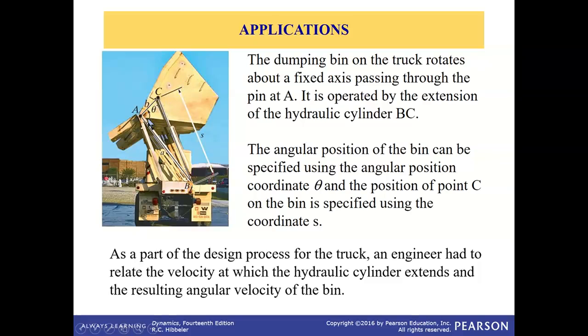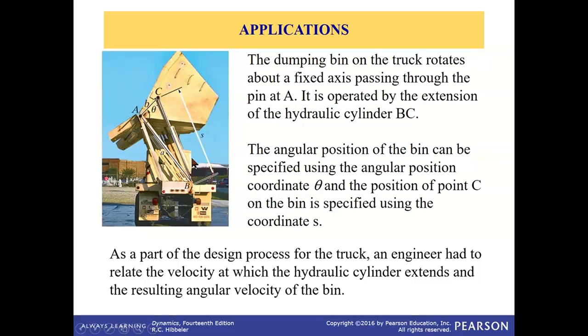Now with reference to point A and this link AB, we define the angular position of the bin using angle theta. The next step is we need to write down an equation which can relate position variable S in terms of the angular motion of the bin theta. So we need to find S as a function of theta. Once we have that function, we can take the first derivative of that function that will relate the velocity of the cylinder with the angular velocity of the bin.